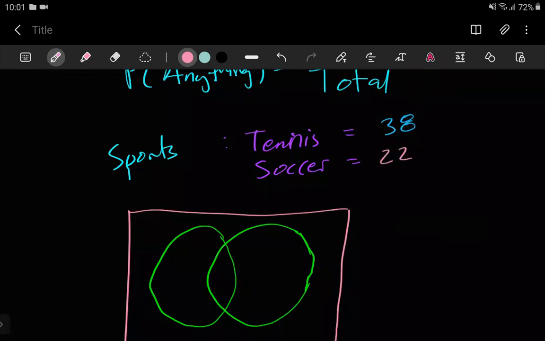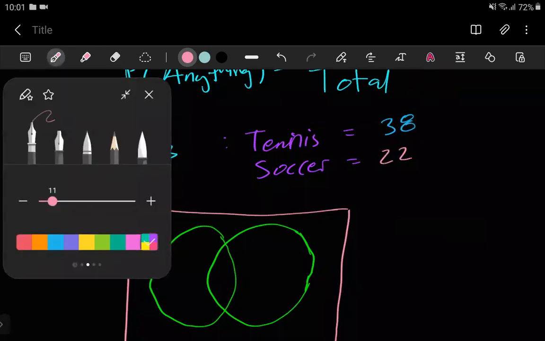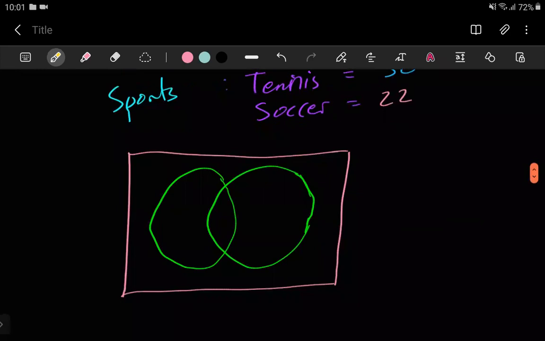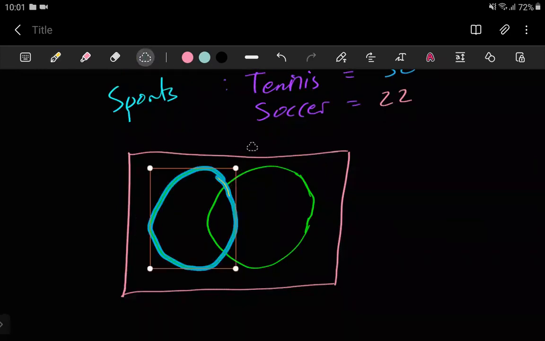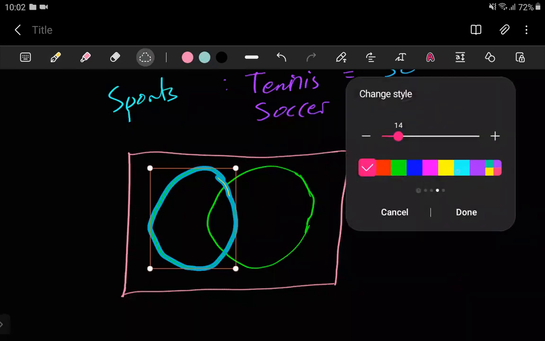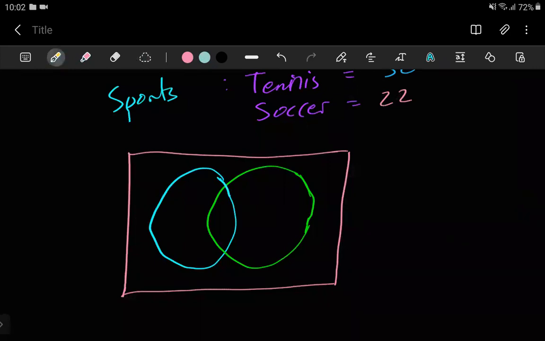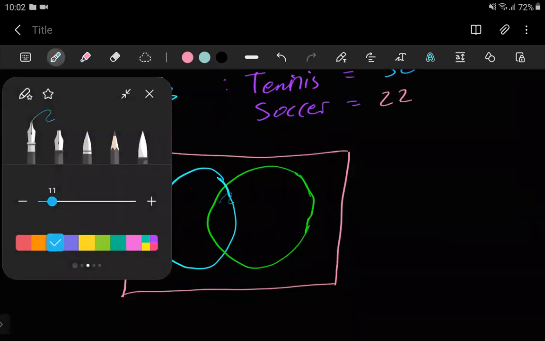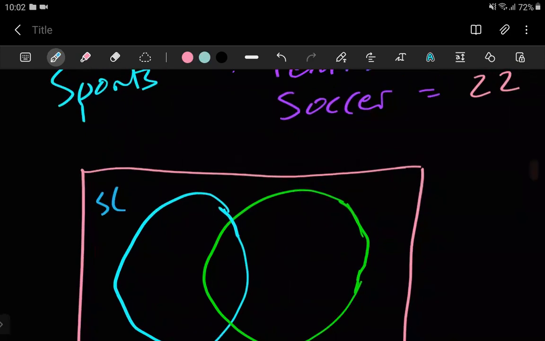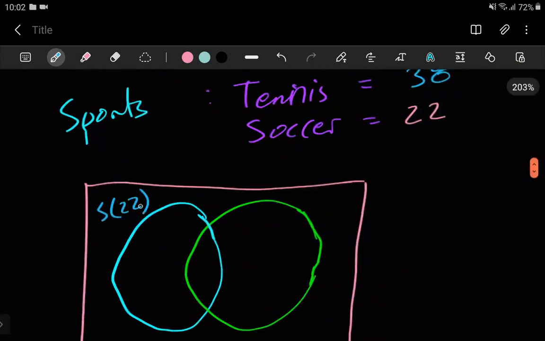In a situation like this one, without explaining too much, this circle here could be representing the soccer people. If this circle is representing the soccer people, the number of people that play soccer, they told us the total is 22 people.